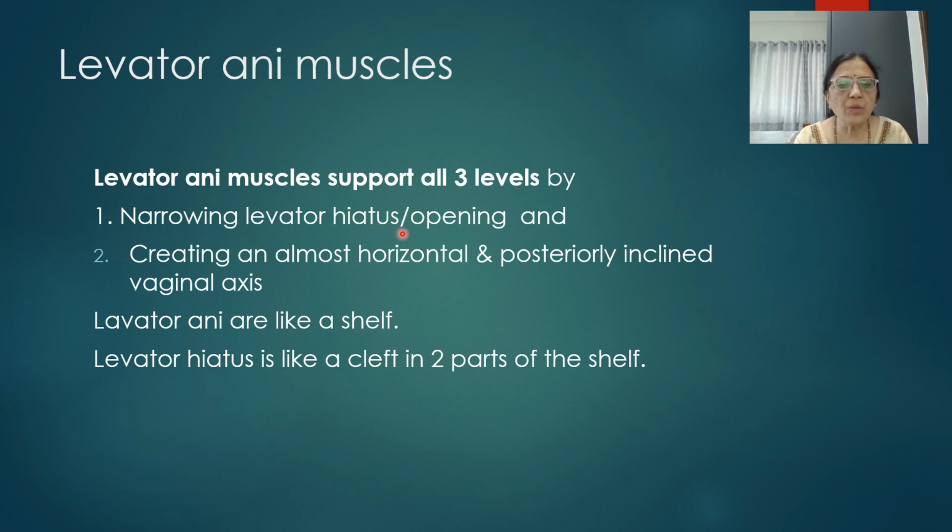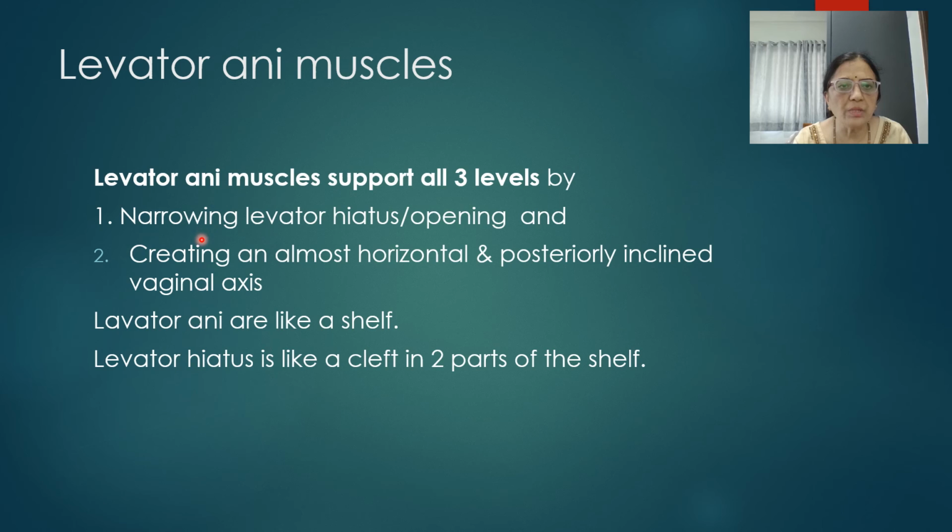And because of the good tone of levator muscles, this hiatus or opening remains narrow. That provides support to the uterus as well as vagina at all the three levels: upper level, mid level, and lower level. Levator ani muscles, they support it.